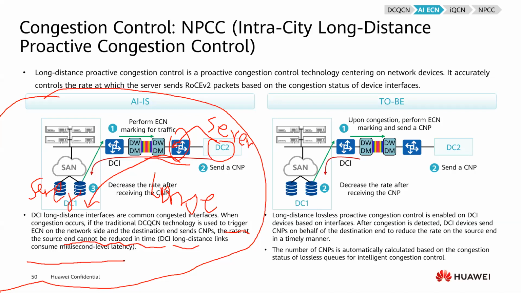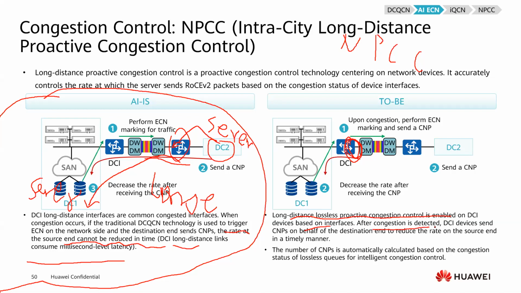It will be configured with NPCC. The CNP packet is generated by this device. Long distance lossless proactive congestion control is enabled on the DCI device based on interface.